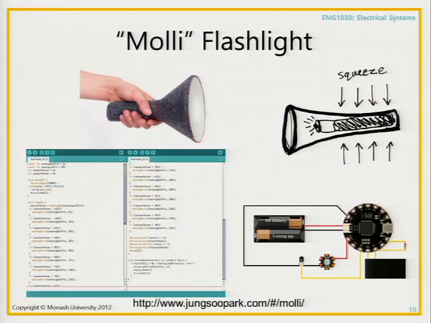Interesting system. Why did I even show it? One, it's totally superfluous. Two, it's an interesting electrical system that is totally unnecessary because you could build a flashlight using, as you know, an LED and a battery, which you did in your first lab.